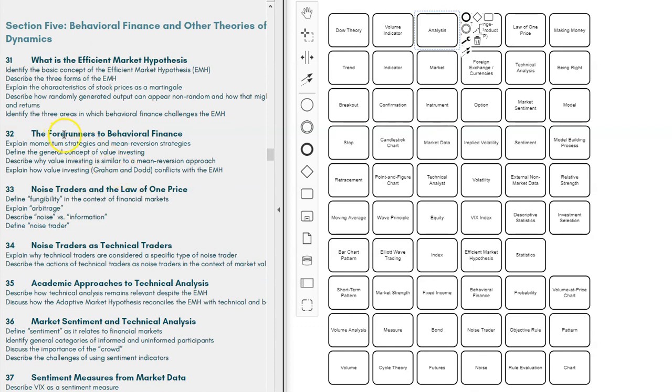So what is a forerunner to behavioral finance? Momentum strategies, mean reversion strategies. You know, we got to have those. Very important. Momentum. And I'm actually going to add the other one here. Mean reversion. Very important. I stuck a hyphen in there.